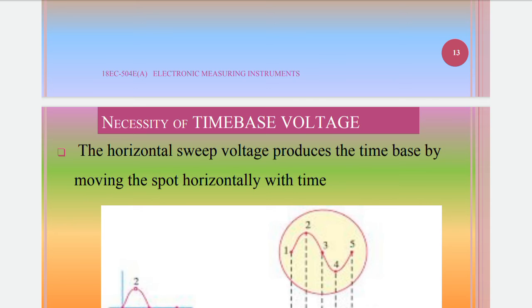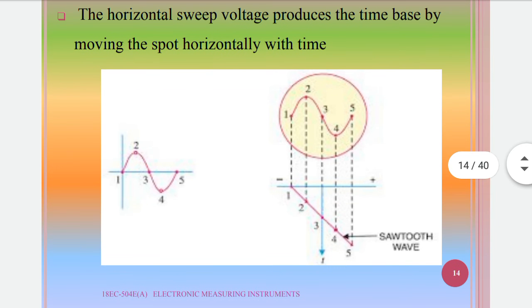You can see in the figure, this is a sawtooth voltage. The vertical deflection is proportional to the voltage applied to the Y plates at any instant, and thus the beam moves up and down according to the magnitude and the polarity of the input voltage.